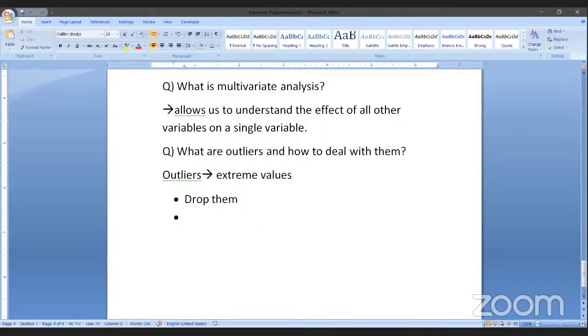Then we can also change the model because some models handle outliers better than the others. Then we can normalize the data.